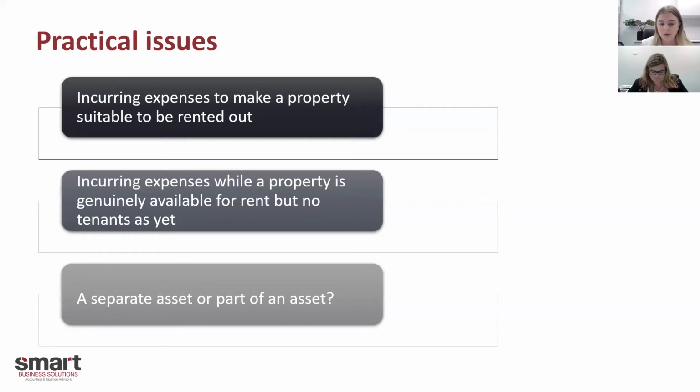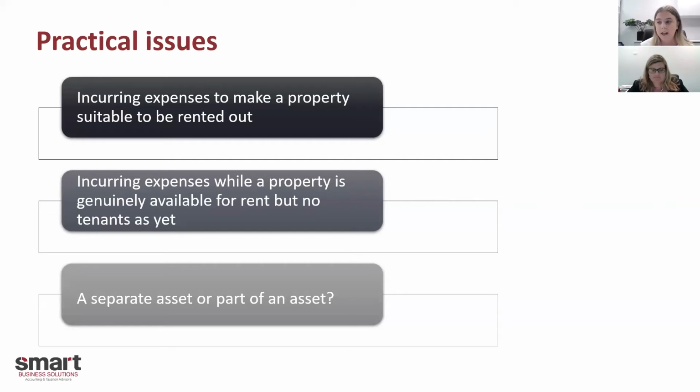There is an exception. Moving on to the second point we have here, say the property was genuinely advertised for rent. What Shannon's just gone through: is it genuinely available for rent? If you had an advertisement up, the property hadn't been tenanted yet, but it was genuinely available for rent, a good example is, say there was a big thunderstorm or hailstorm, and there was damage made to the house.